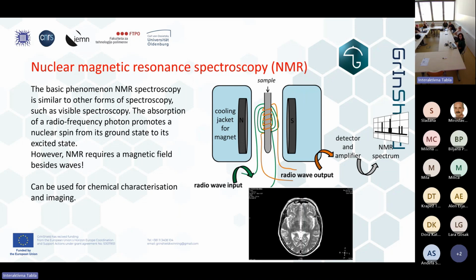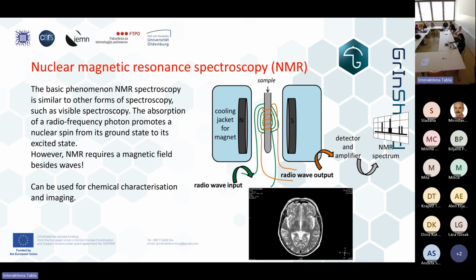NMR can be used not only for chemical characterization, but also for imaging, for example in medicine. I also know some people who made images of water penetration into wood. So many things can be done by NMR one way or another.